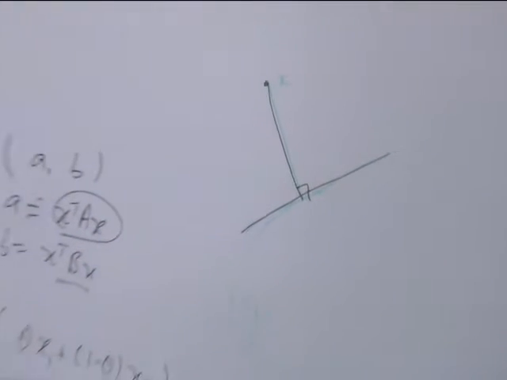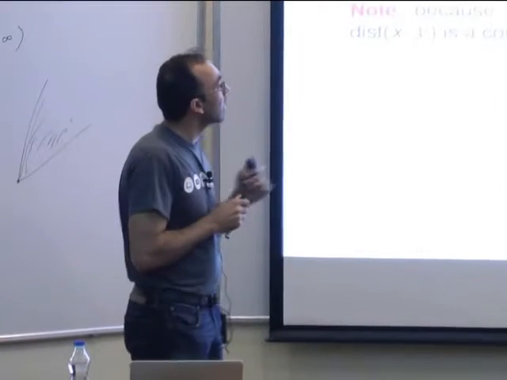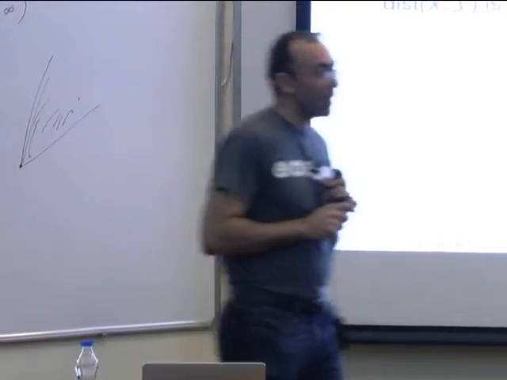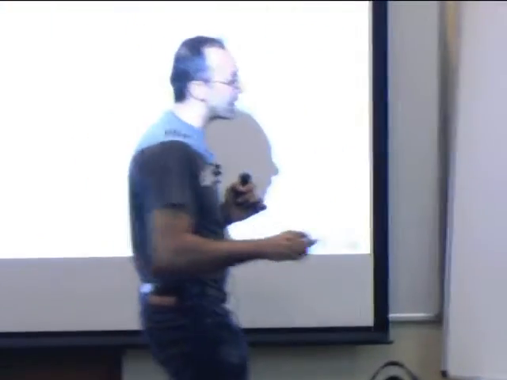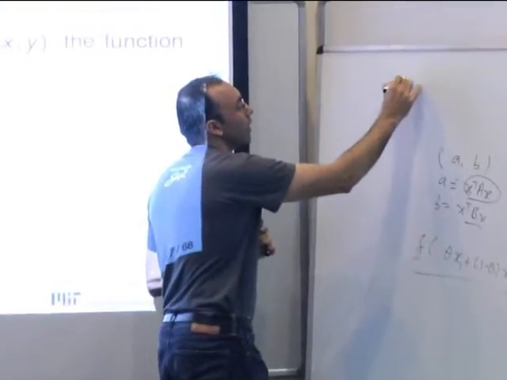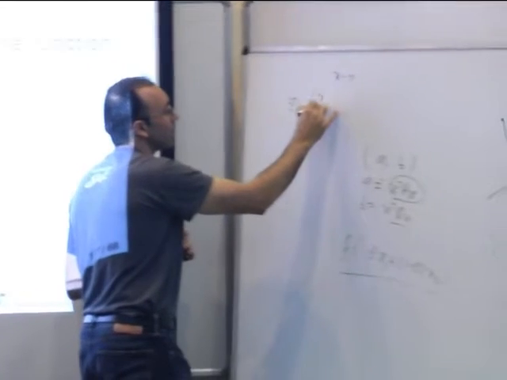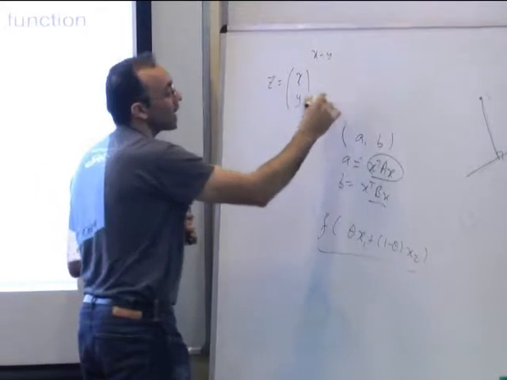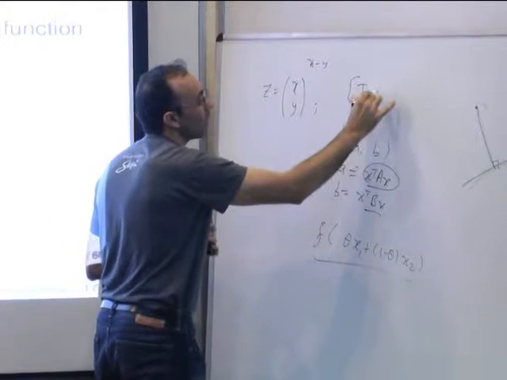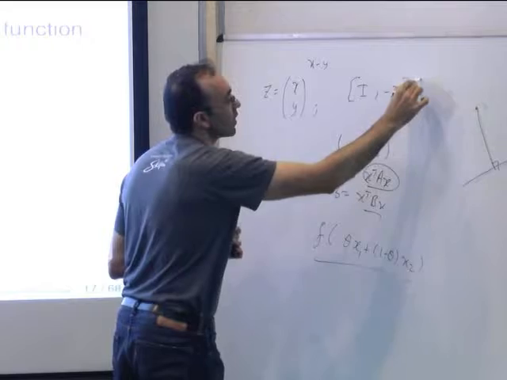That distance function is convex. Proof: the proof follows by using the previous two results. x minus y is jointly convex in x comma y. And if you want to see it super explicitly, if your original vector is z equal to (x, y), then x minus y can be obtained by multiplying it with this matrix.